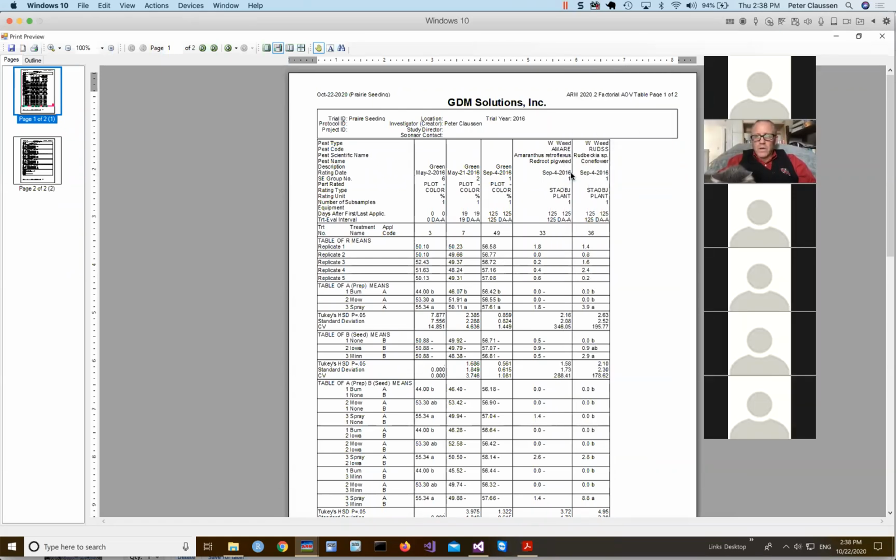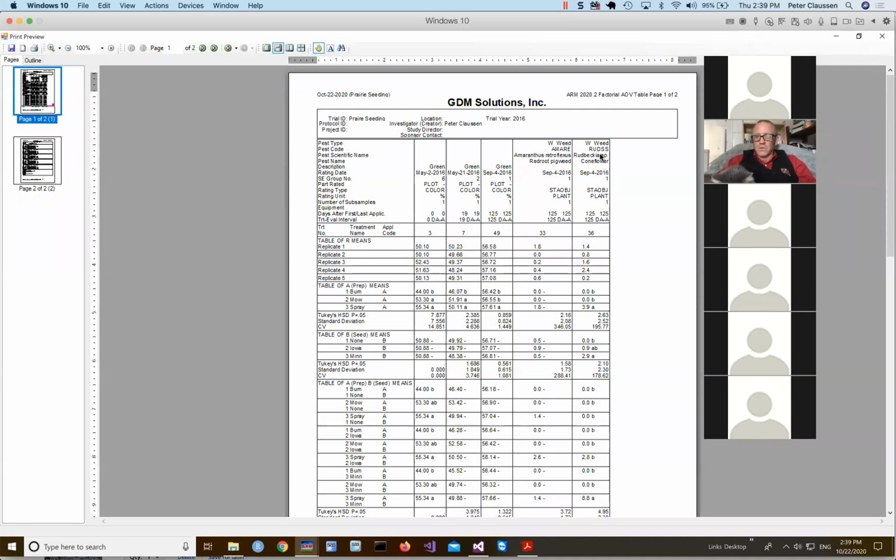So let me back up. The 2 assessments I did in September: I took a picture of the plots, and I also counted the number of invasive non-native species. This is pigweed, which is just a nuisance weed that pops up.